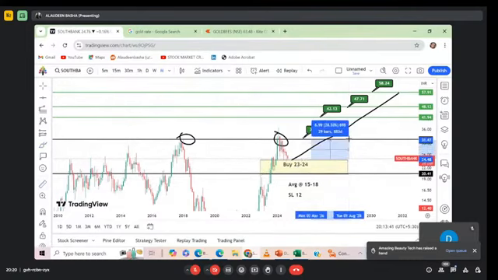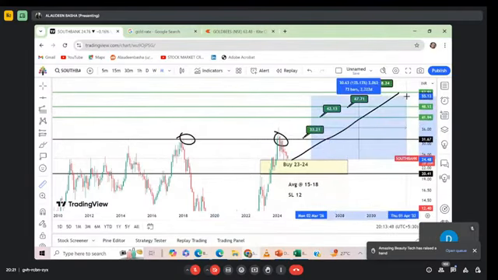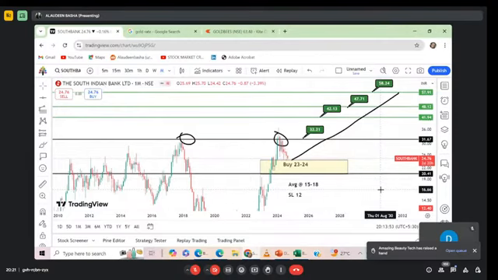See the returns: 31%, 30%, 70%, 92%. The final target is 131 to 137%, almost double. So I'm not recommending, I'm suggesting the three stocks: Trident, South Indian Bank, and Yes Bank.